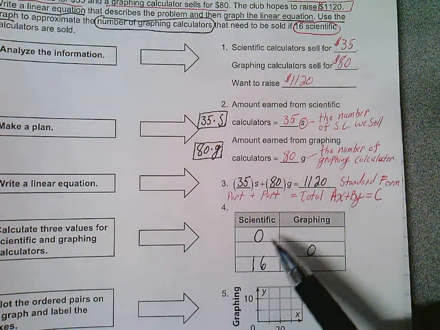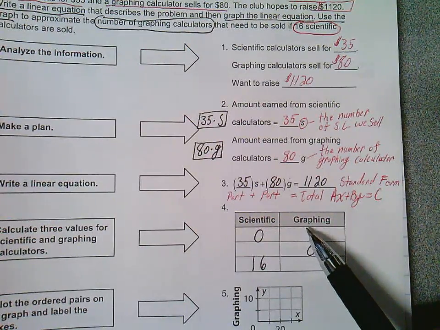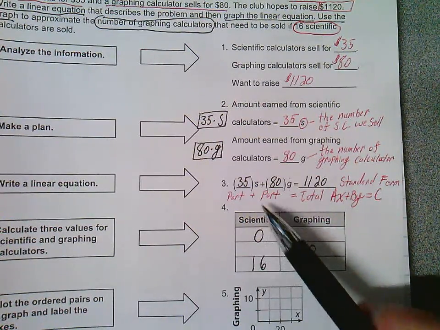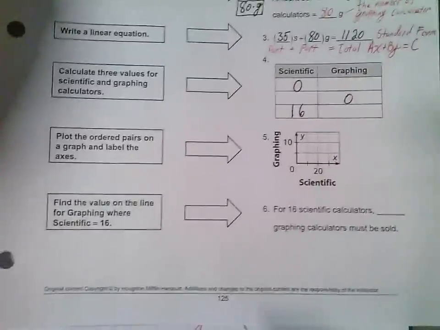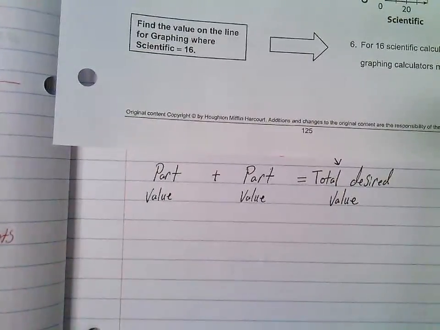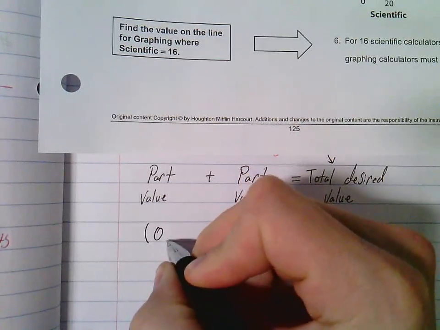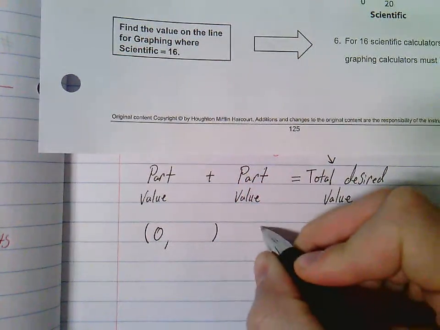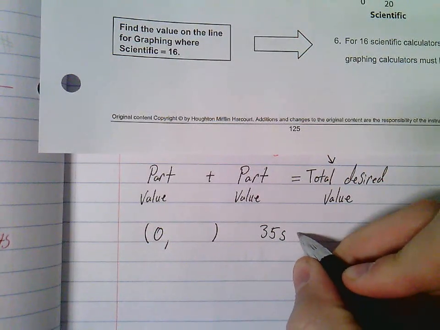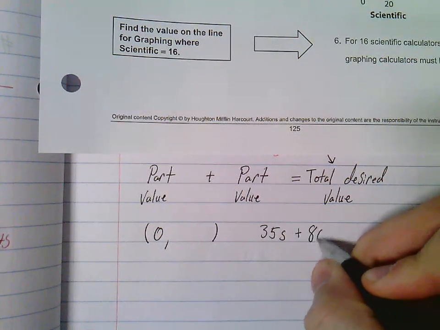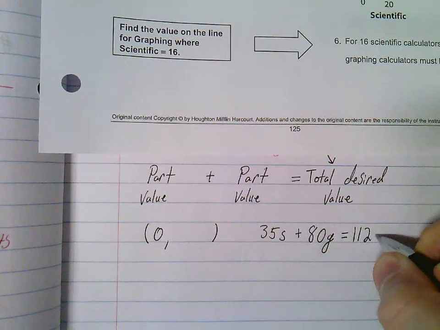Well, how do I find the number of graphing calculators that I have to sell if I don't sell any scientific calculators? Let's jump over into some scrap paper here and look at our equation. So I'm looking for the point 0 comma something, and my equation is $35 for scientific calculators plus $80 for graphing calculators, and I want that to be equal to 1,120.